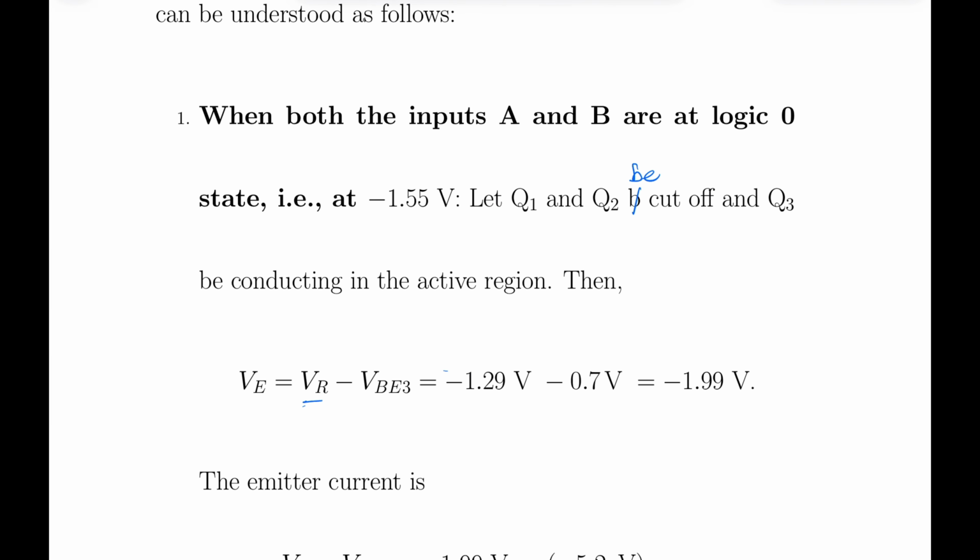VBE3 is the potential between the base and emitter of transistor Q3, which is conducting as we have assumed. This will be equal to 0.7 volt, because for a conducting transistor, the base-emitter voltage must be 0.7 volt. So this is -1.29 volt minus 0.7 volt, which is -1.99 volt.